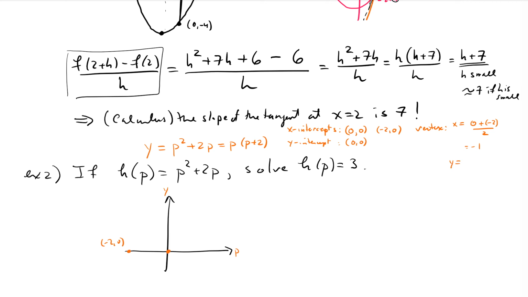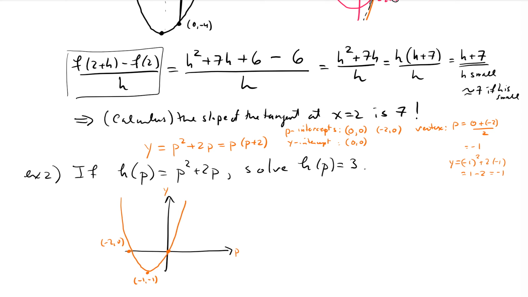And the y value is when you replace x by minus 1. Actually, I wrote x, but maybe I should have written p because p is my variable. So you replace p by minus 1, so you get p squared plus 2p, that's going to give you 1 minus 2, which is minus 1. So minus 1, minus 1 is your vertex. So this is a parabola that looks like this.